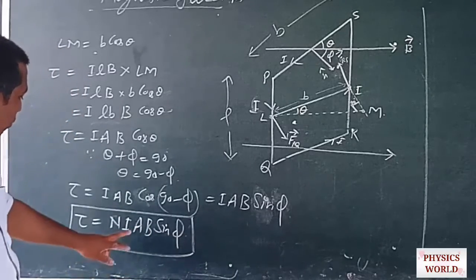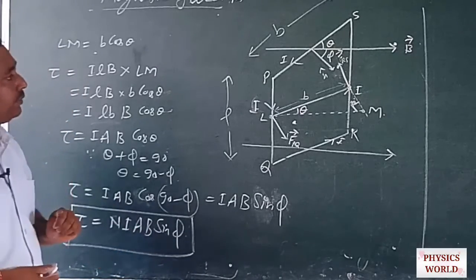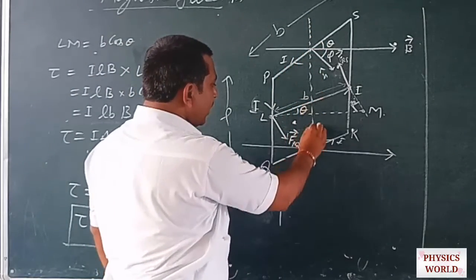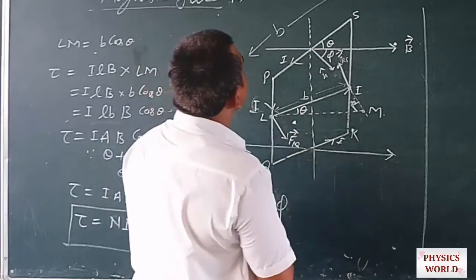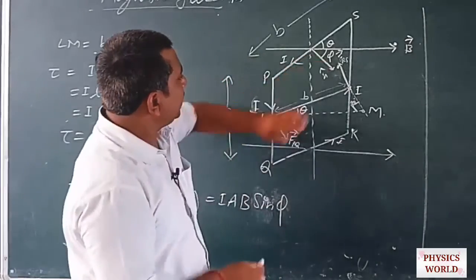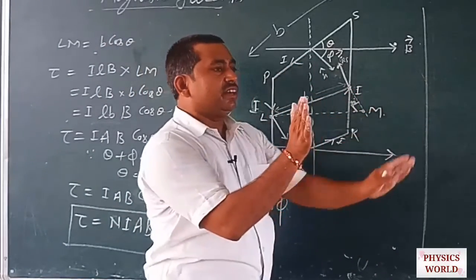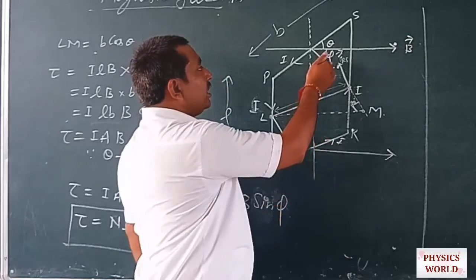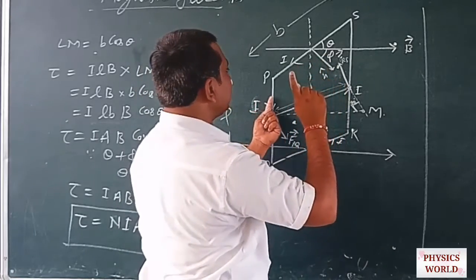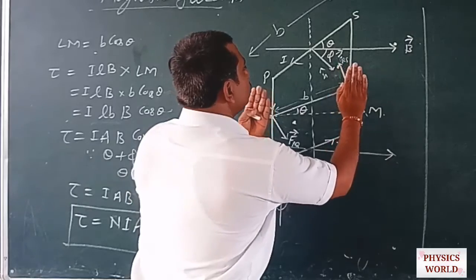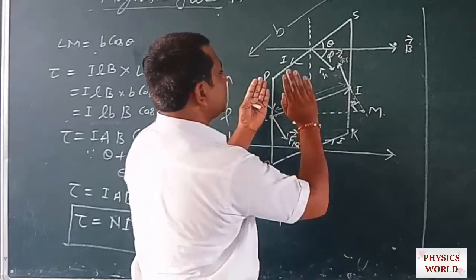So we can multiply A cross B. If we multiply A cross B, then what do we get? The direction of A is always perpendicular to the plane and B is here, because the force experienced on the coil always tends to rotate the coil in anti-clockwise direction.